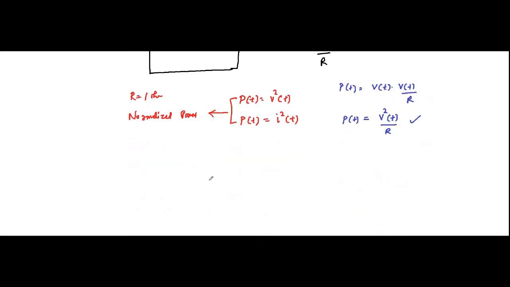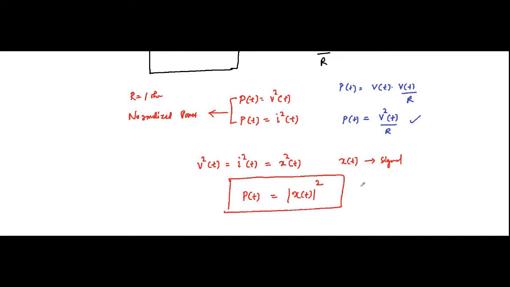So we can write v square t is equal to i square t for R equal to 1 ohm as x square t, where x(t) is the voltage or current signal. Okay, x(t) is the signal which we are dealing with. So this normalized power can be written as modulus of x(t) whole square. This is called normalized power.